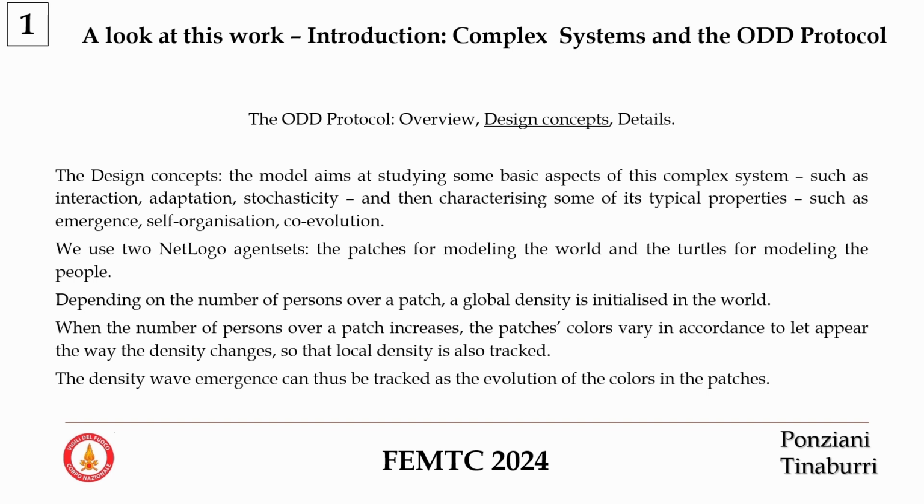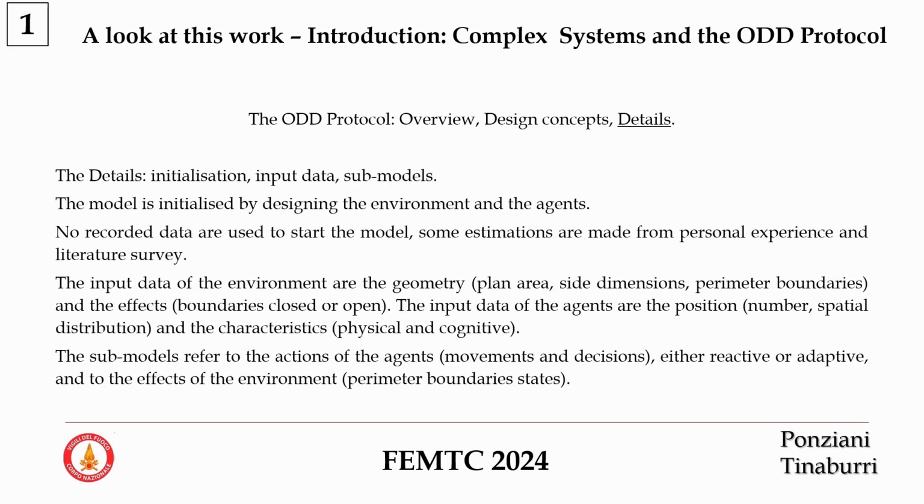When the number of persons over a patch increases, the patch's colors vary to let appear the way the density changes. In that way, we can also track local densities. The density wave emergence can thus be tracked as the evolution of the colors in the patches. The patches are static agents that do not move in the world, while the turtles are moving agents.